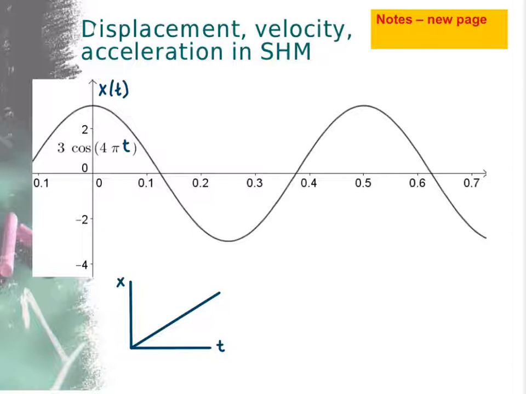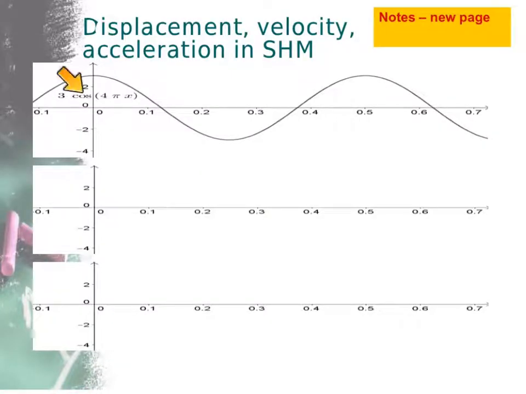And what I found is that when something's going at a constant velocity, the slope of the displacement versus time graph will give you velocity. So maybe I can use that on this graph here. Maybe I can figure out what the velocity is around this region by finding the slope of the tangent line, and then do the same thing at different points along the curve, to give me an idea of what the velocity might be.